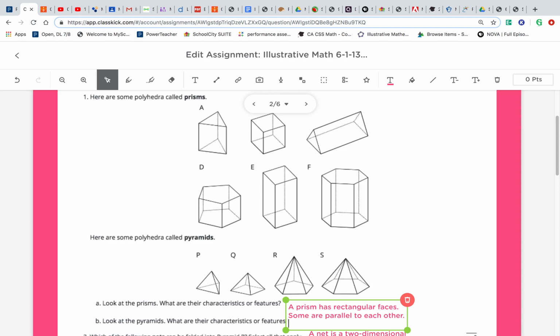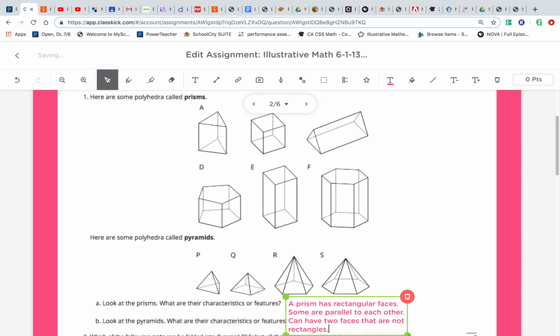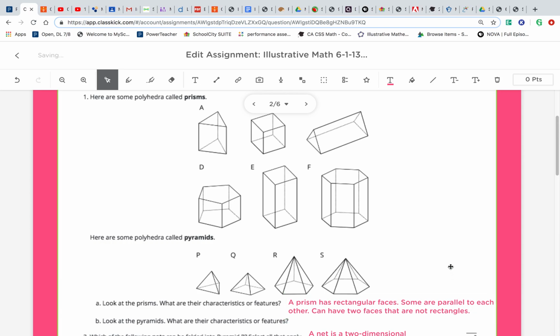You can have two faces that are not rectangles. So that's something we want to note there. Make this a bigger text box. Okay, so those are some observations about the prisms.